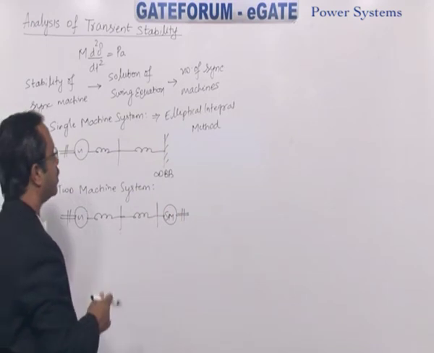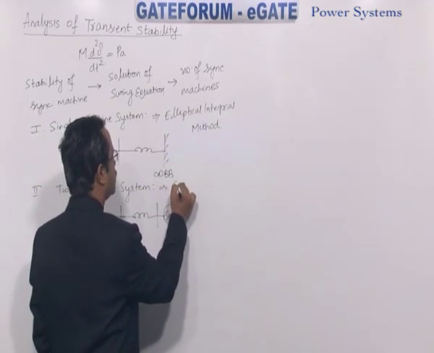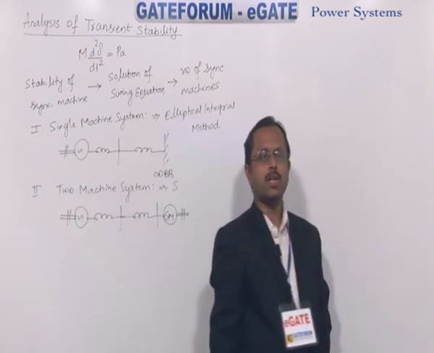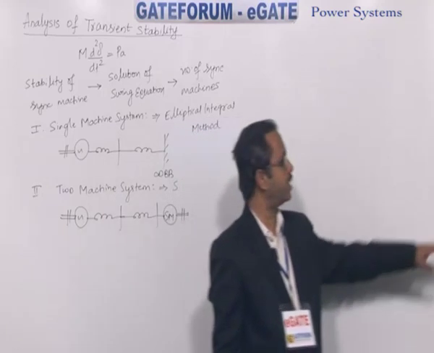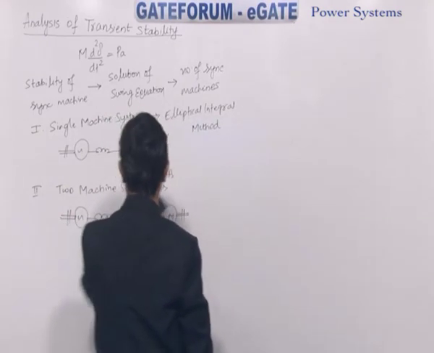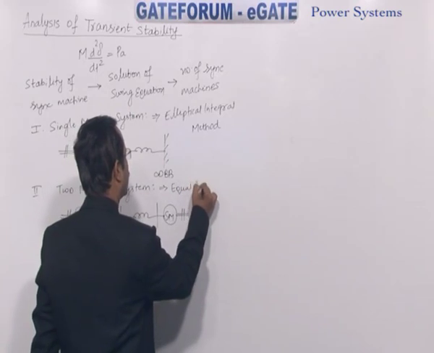And how you obtain the solution of swing equation for two machine system? It is obtained by a graphical technique. What is that most popular graphical technique? Equal area criterion method.